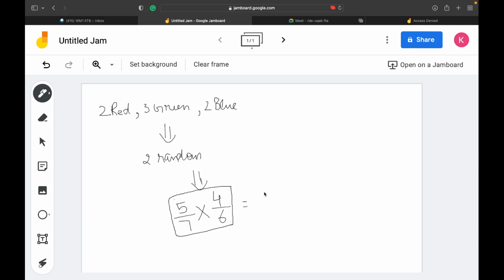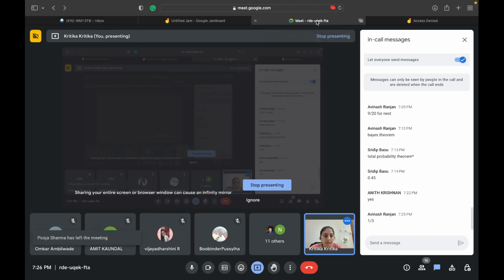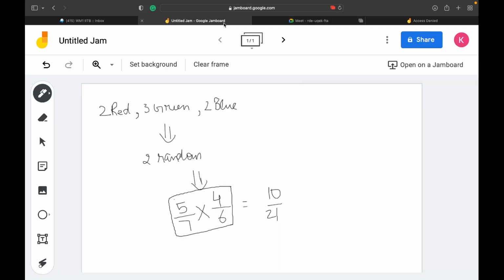Okay, so this is 10 by 21. This is again the conditional probability that if we draw the first ball which is not blue, then the probability that the second ball is also not blue will be 4 by 6. Okay.